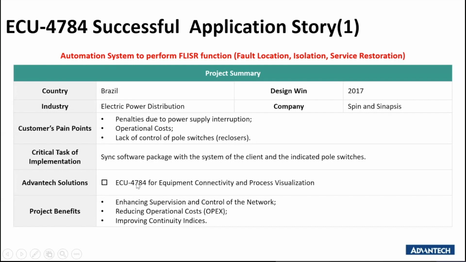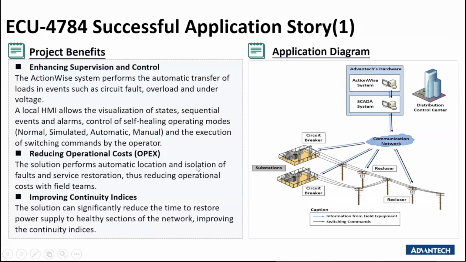So with this, we are using our ECU 4784 for equipment connectivity and process visualizations. So what is the benefit for this? As an application diagram, as you see here, our customer implement another software called ActionWise SCADA.